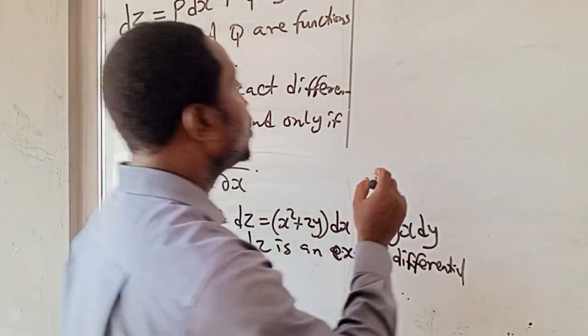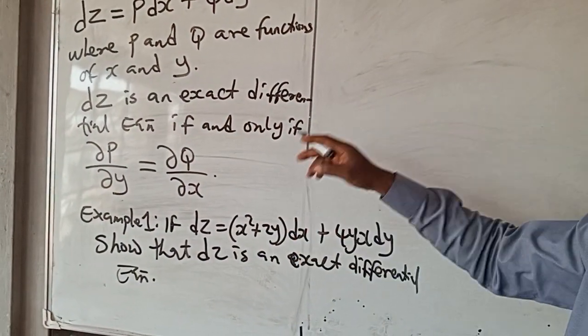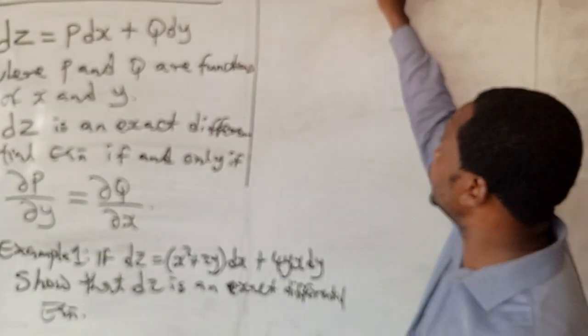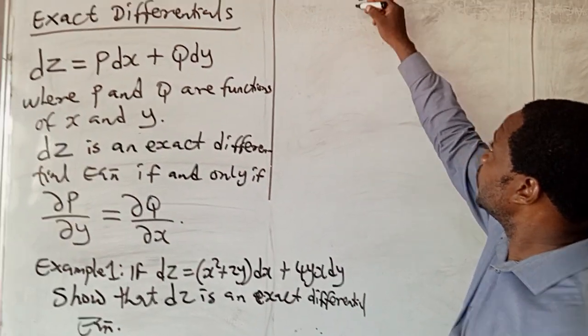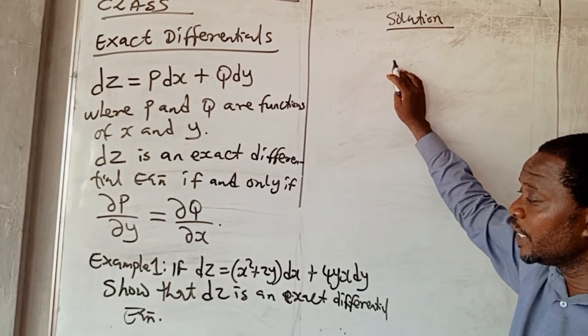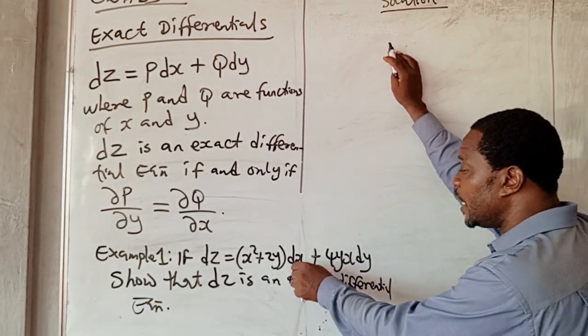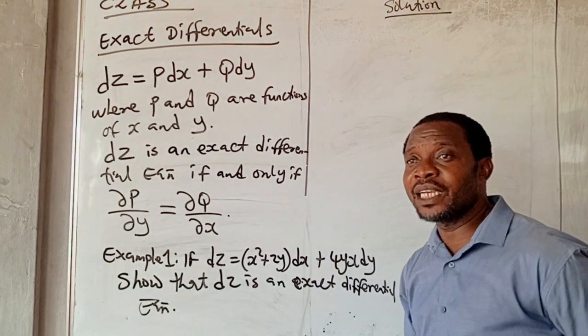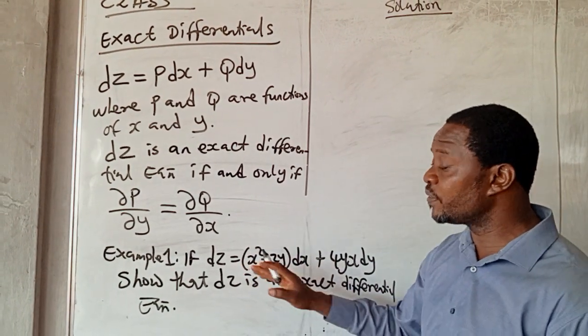So how do you do that? If you want to show, you are going to use this principle. You write solution. Our p is the coefficient of dx, which means anything that is in front of dx.